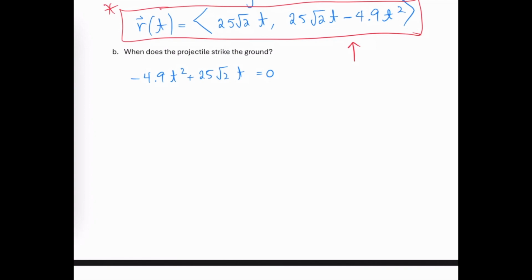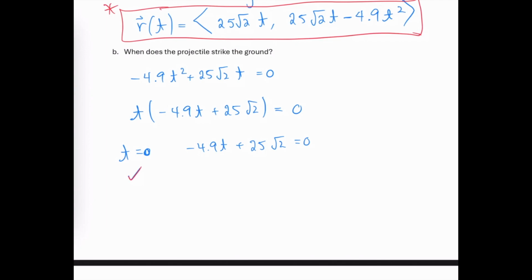What we end up with here is a pre-calculus algebra quadratic equation, and we can factor out the common t to get t times (-4.9t plus 25√2) equal to 0. Now I can set each of these factors equal to 0. This gives us one solution, t equals 0.